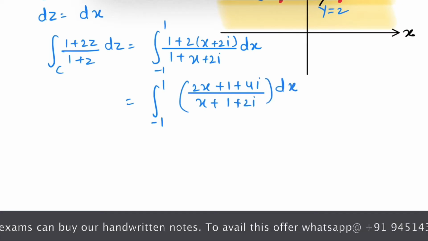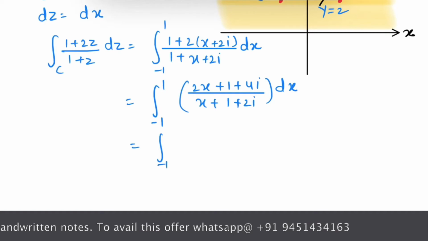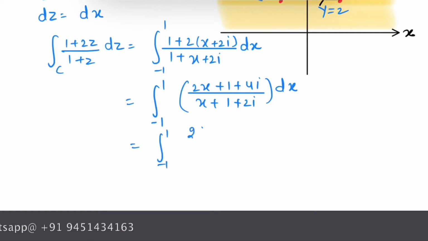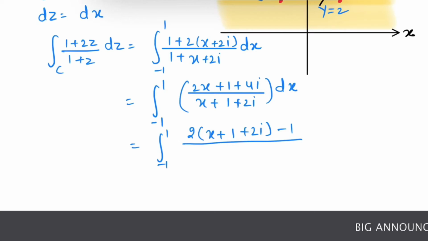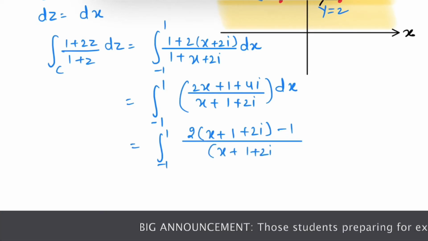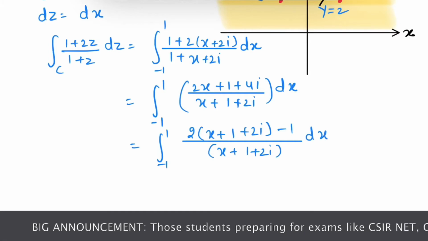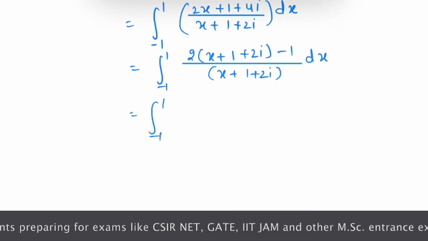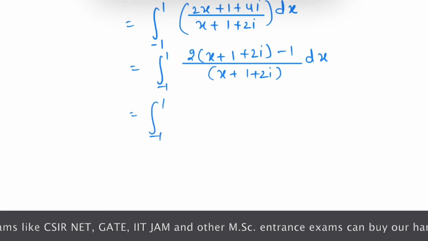Now, integration from minus 1 to 1. We can also write this with numerator 2 times (x plus 1 plus 2 iota) minus 1, and denominator x plus 1 plus 2 iota, dx. So from minus 1 to 1, do partial fractions.